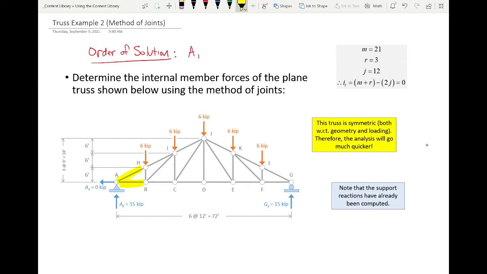So now, which joint should we do next? Okay, H will give us that and that. Now what's joint? There you go. Then, and then C, yep.